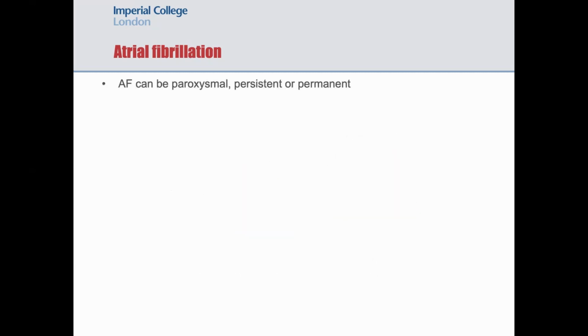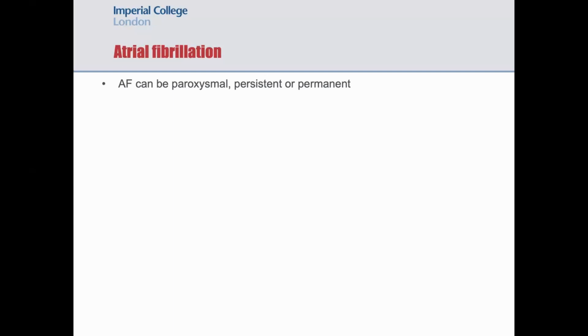AF can be classified into paroxysmal, persistent, and permanent. Paroxysmal AF usually can occur in young people, and it can be a normal phenomenon. Usually when you're a bit too stressed or after drinking alcohol, it will occur, but paroxysmal is usually self-limiting.